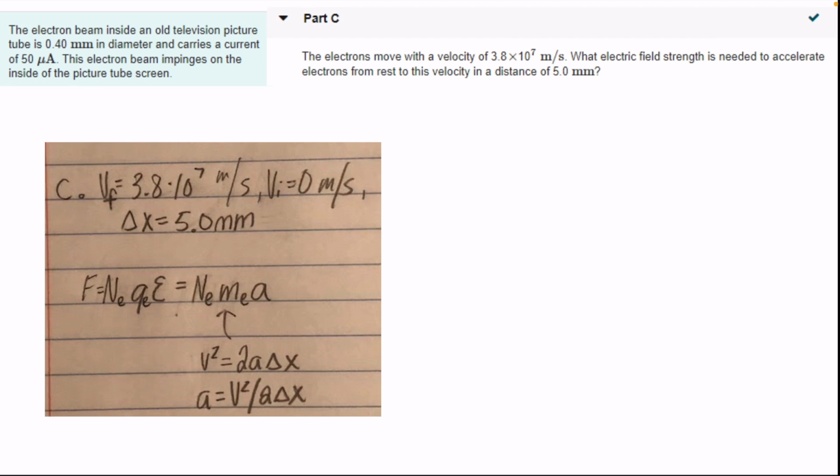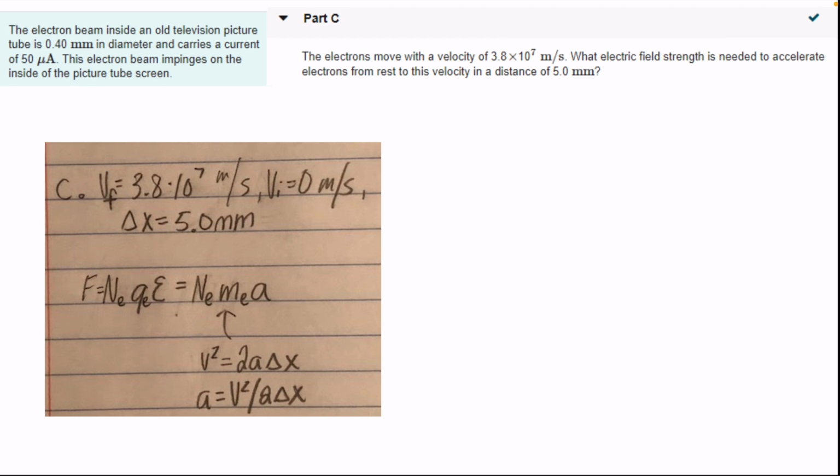So what I did was set up a force equation, which states that the electric force is charge times the electric field. So it's going to be the charge of the electrons times the electric field, and obviously we have to account for how many of them there are. That's why the number of electrons is in there.